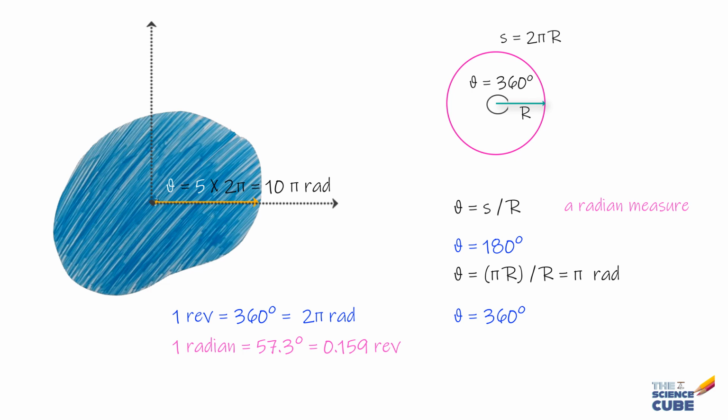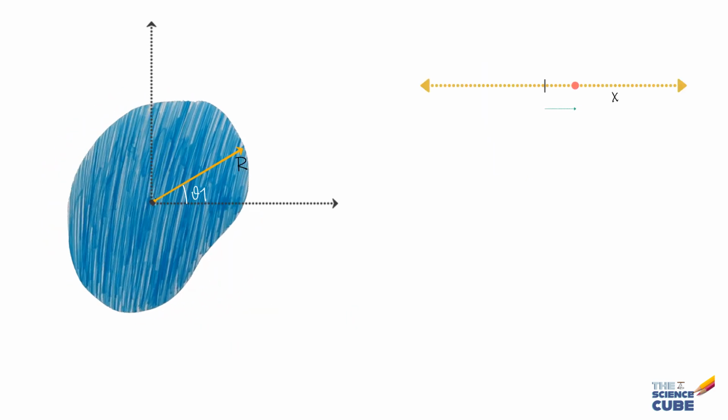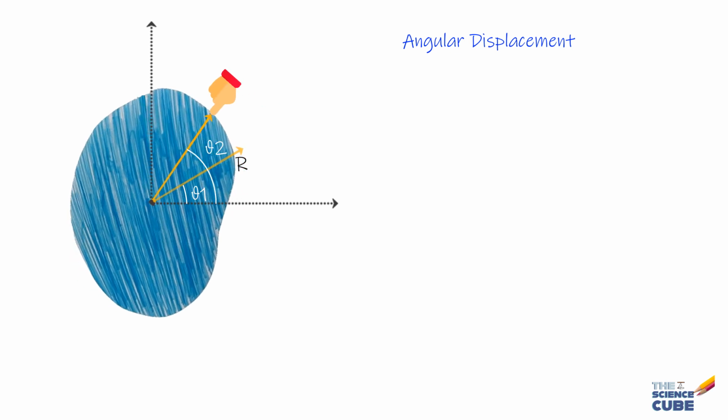So now we will move on to angular displacement, and its equivalent in linear motion would be linear displacement. And this should be a lot easier to understand once you've understood angular position. So let us take the same body and rotate it about the axis of rotation and change its angular position from theta 1, which basically means our reference line makes an angle theta 1 with the x-axis, to angular position theta 2.